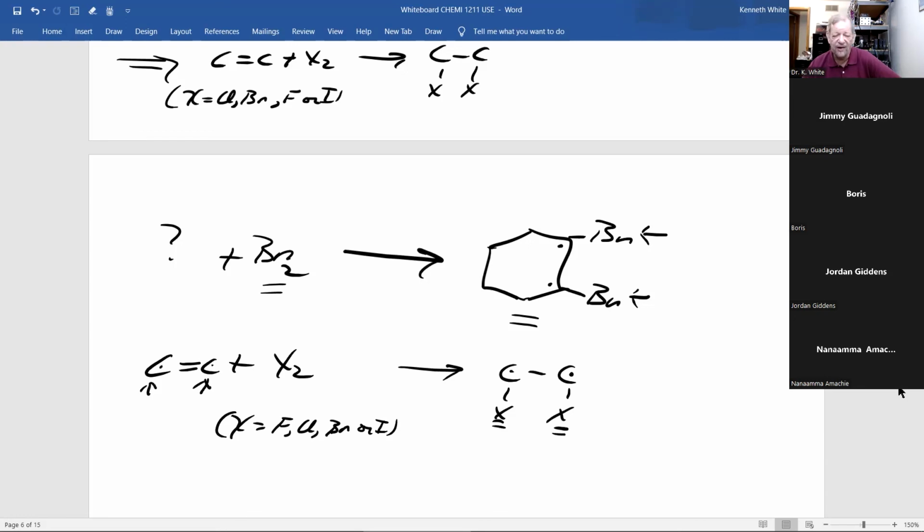Now, do we break carbon-carbon single bonds? No. So we end up with a six-membered ring. We have to start with one. And the two carbons with the halogen will be the two carbons right here in the double bond. Let me redraw that so it looks nicer.